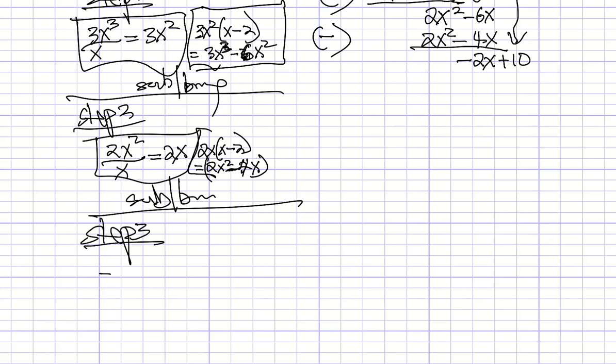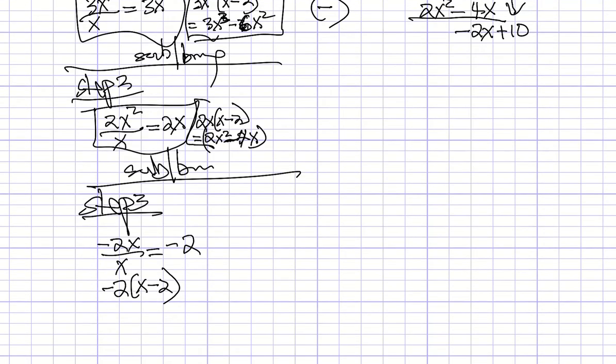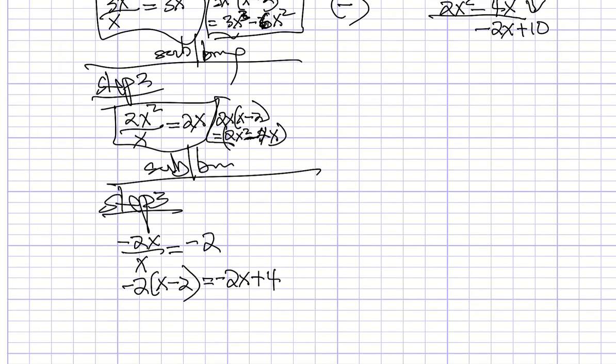So you do negative 2x divided by x. What do you get? You get negative 2. You see that, right? And then you say negative 2 times x minus 2. Let me see, x minus 2, yes. You get negative 2x plus 4. You put it here.